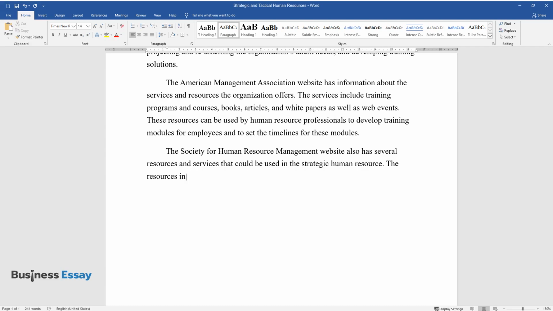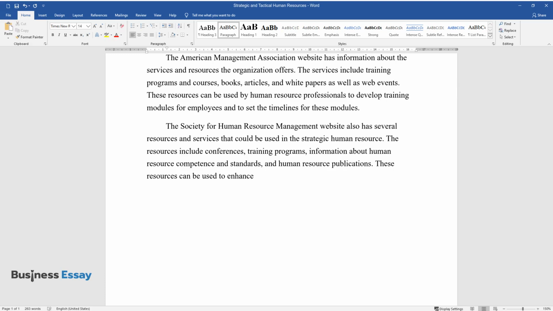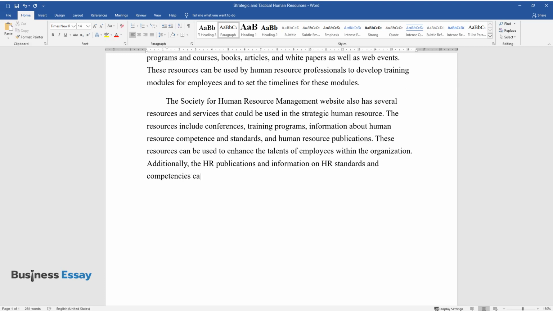The resources include conferences, training programs, information about human resource competence and standards, and human resource publications. These resources can be used to enhance the talents of employees within the organization. Additionally, the HR publications and information on HR standards and competencies can be used to improve performance and retention.